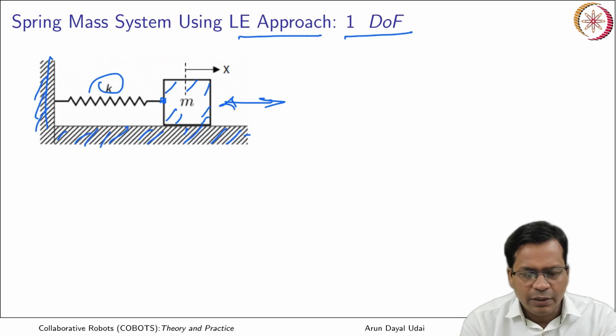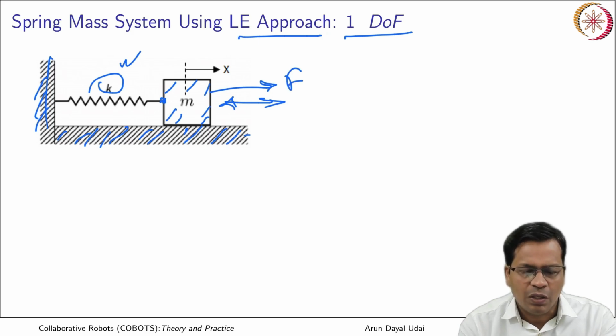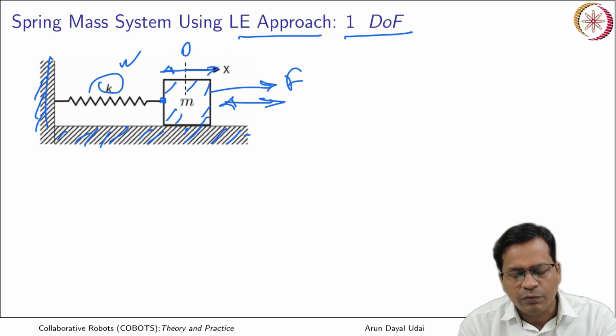The spring has the stiffness of k. This is a frictionless surface, so the only forces affecting this are maybe any external force or the spring force. That's all. At equilibrium, it remains here. It can be displaced from this along either of these two directions.